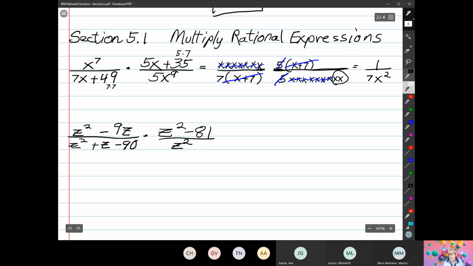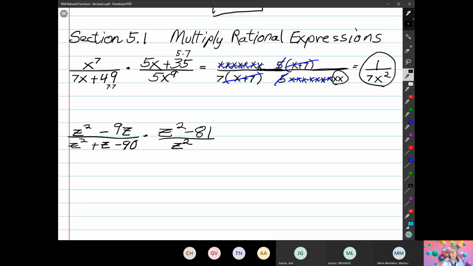So, you can do whatever you like. But look at all the garbage, if you will, that was up here and how we got rid of all of it by simplifying.